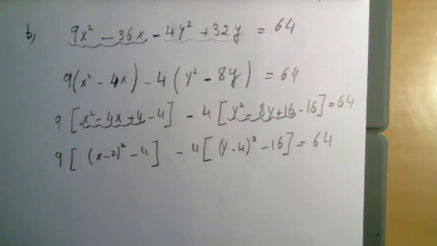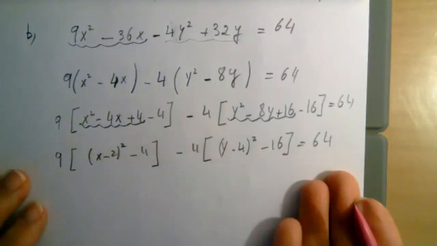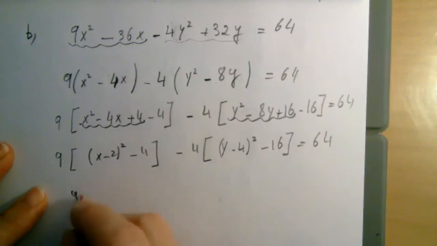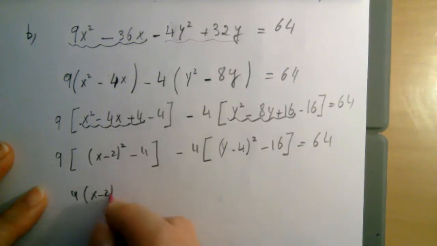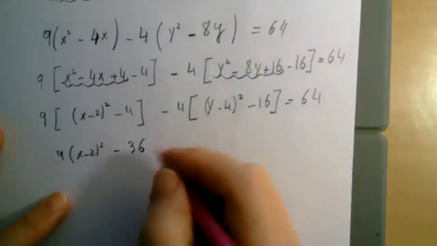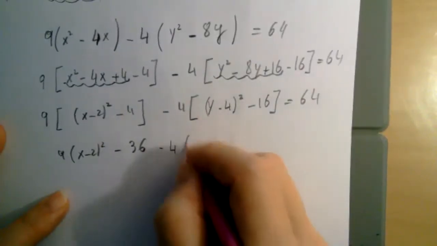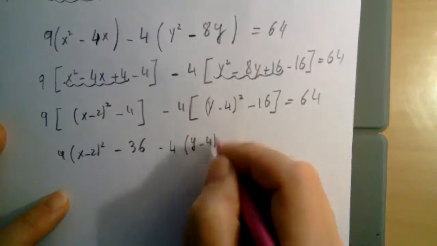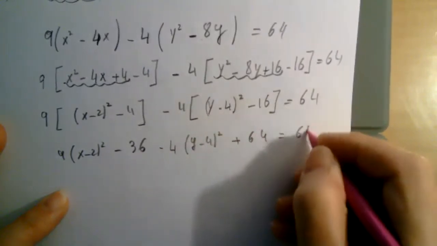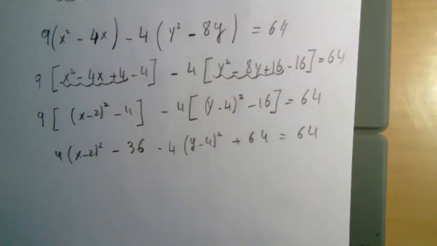So we collected the x together and we collected the y together. Now I'm going to distribute those constants and write it in the format I want. So this will become 9 times this minus 36, minus 4 times y minus 4 squared plus 64 equal to 64.